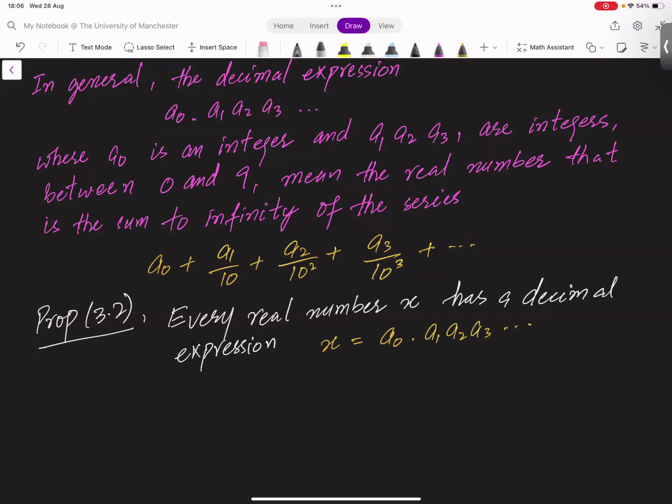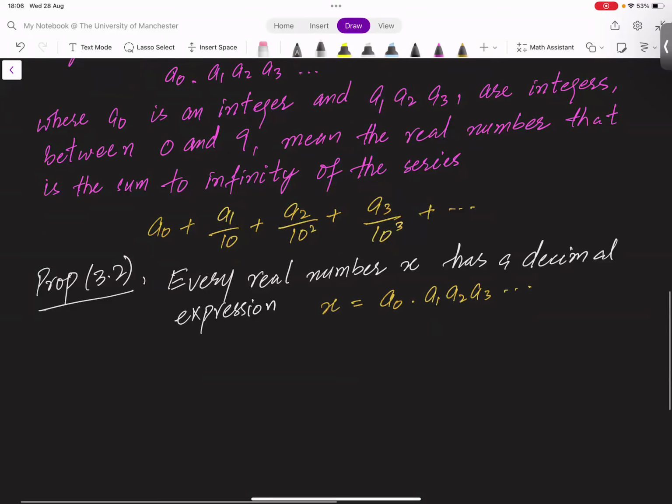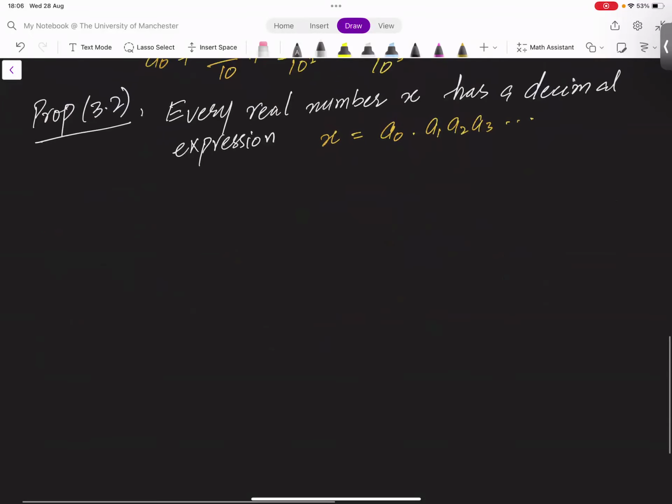And we can prove this by saying that now we can picture x on the real line.